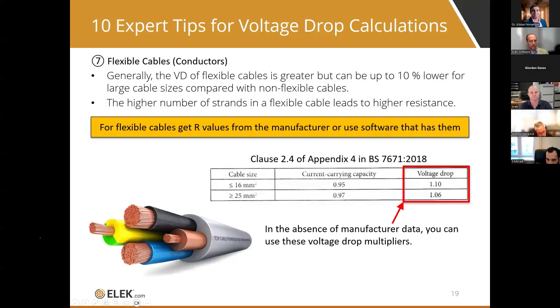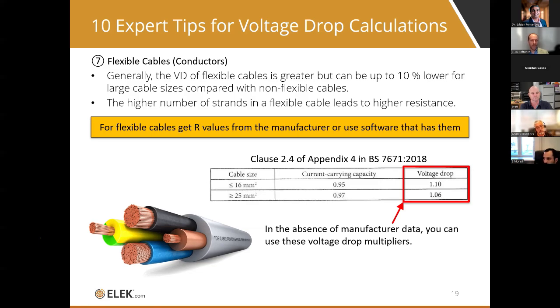Tip number 7, flexible conductors or flexible cables, be that copper or aluminium. In general, the voltage drop of flexible cables is higher, I think it depends on the size.